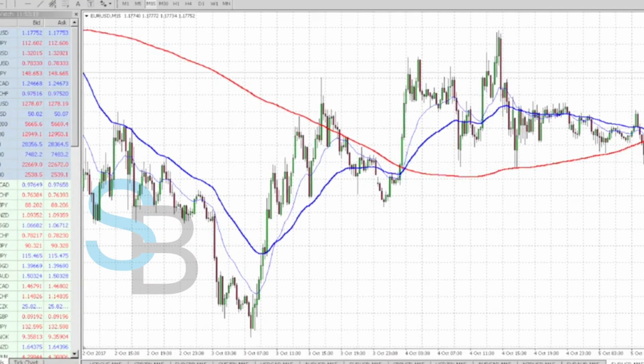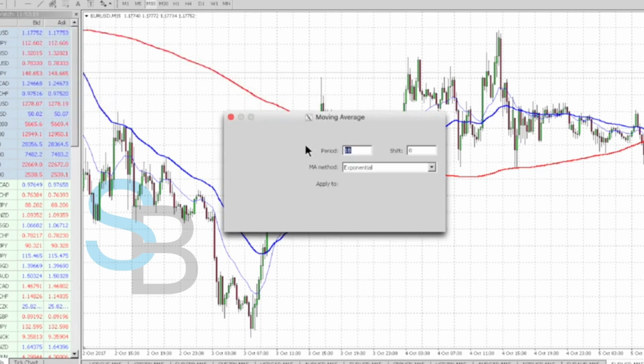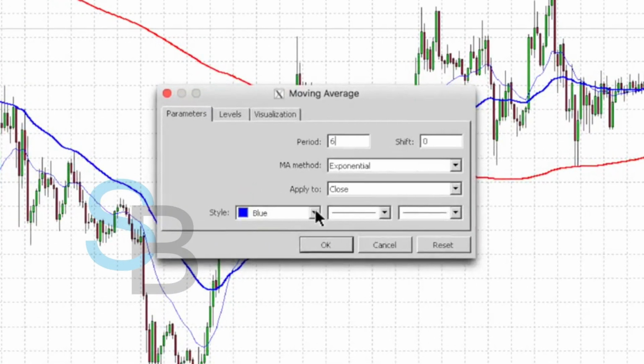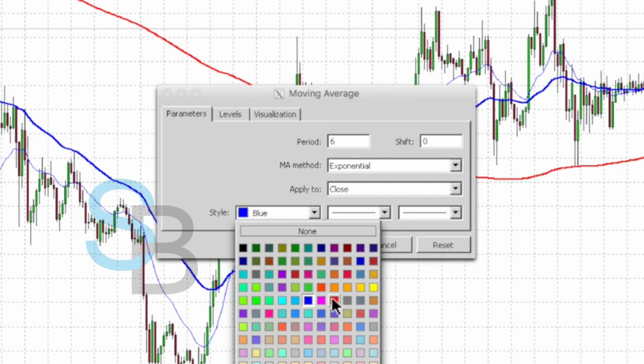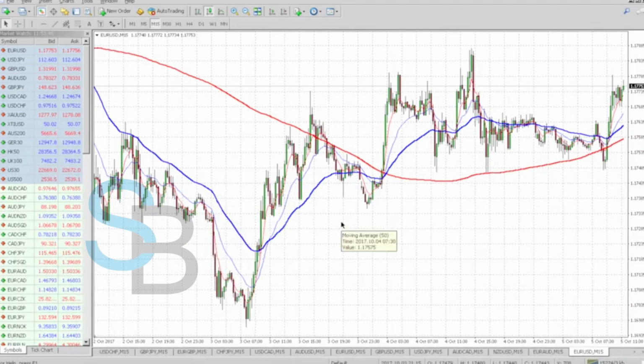And insert again, indicator, trend, moving average, 6, exponential, red and thin line. Okay, so there you go.